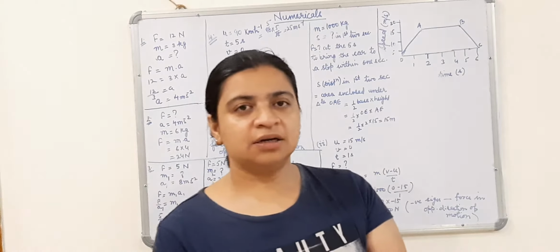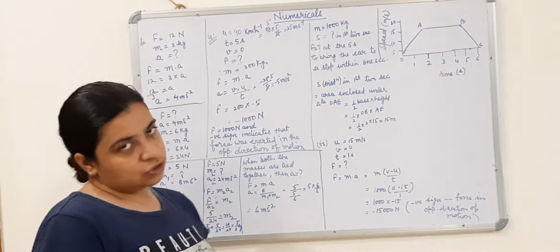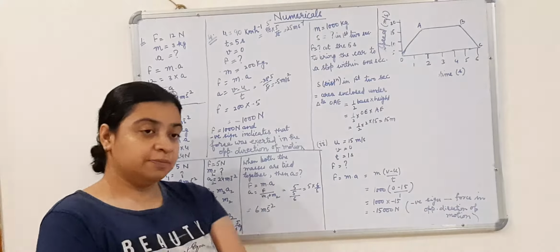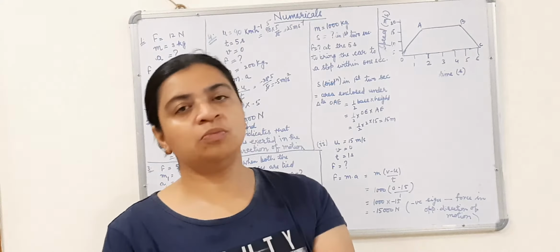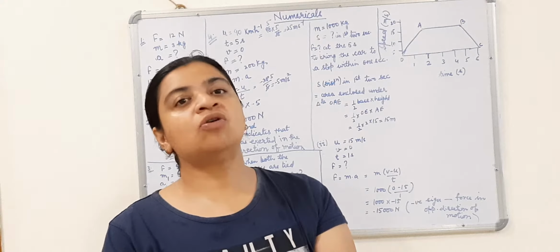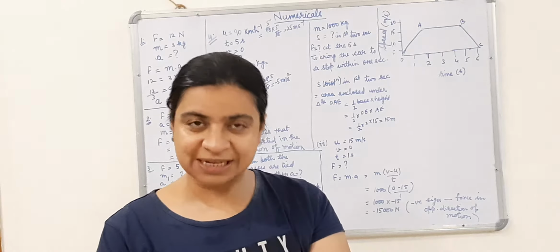So let's start our numericals from our previous topic, that was Newton's second law of motion. In the previous video we had talked about the mathematical formulation of Newton's second law of motion. Then we had also done how to derive Newton's first law from its second law.